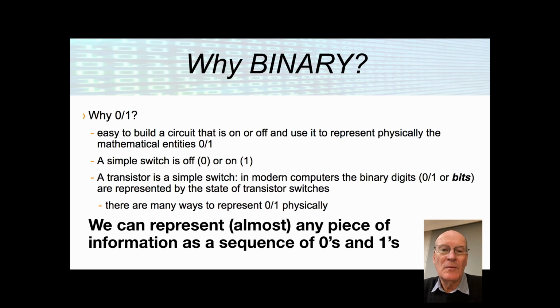So, the big question is, why do we use binary numbers in computer systems? Why zeros and ones? Well, the answer is that it's very easy to build a switch or a circuit which is either on or off, and we can represent a 0 with an off and a 1 with an on, or a 0 with a voltage not present, or a 1 with the voltage present.